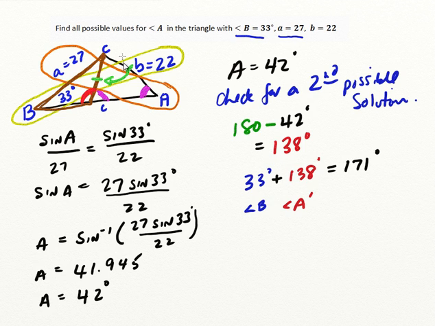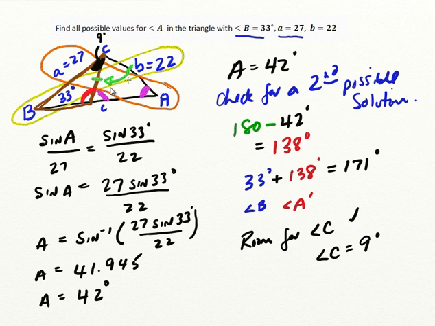That means that this angle in here, right there, angle C, would be equal to 9 degrees. So there is room, I'll just put here, for angle C. And in fact, angle C would be 9 degrees.